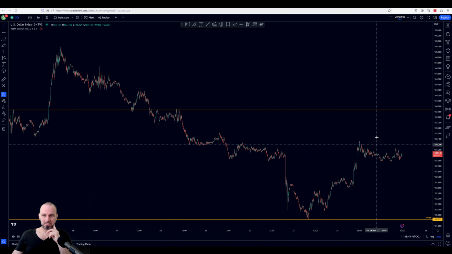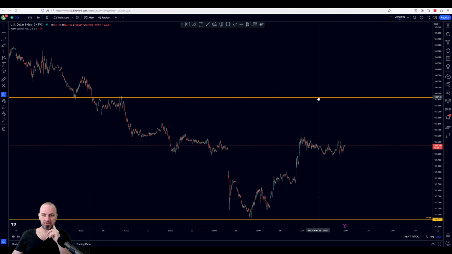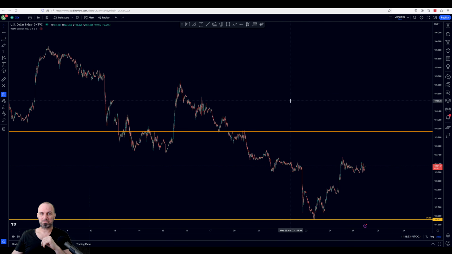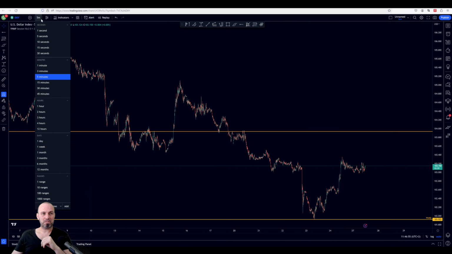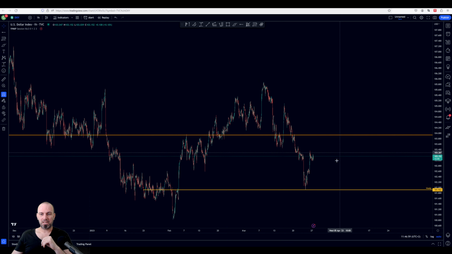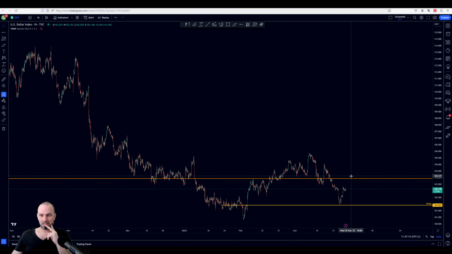But other than that, I would like to see if the price managed to claim this channel or lose this weekly. That would give us some strength or weakness about this section of the chart. If the price will lose this weekly, then the chances for the price to go lower, at least to this low, are increasing, where once again swing failure pattern, yes, no, depending on the situation.